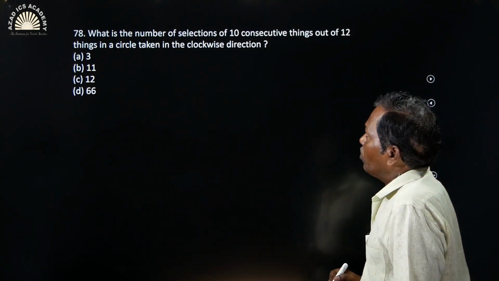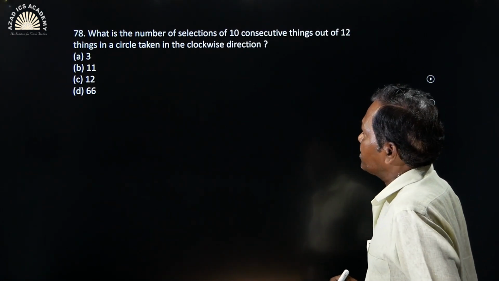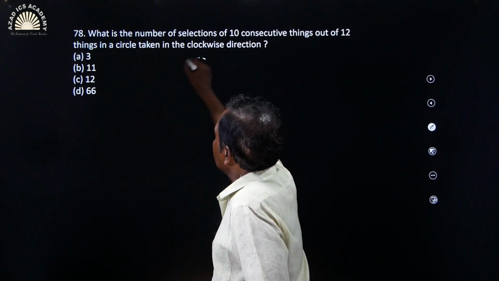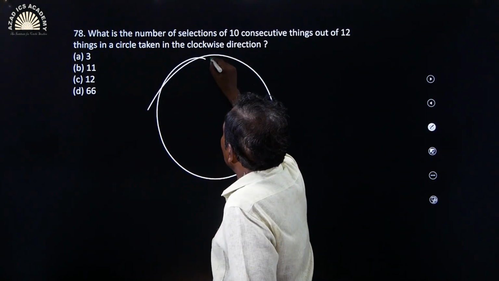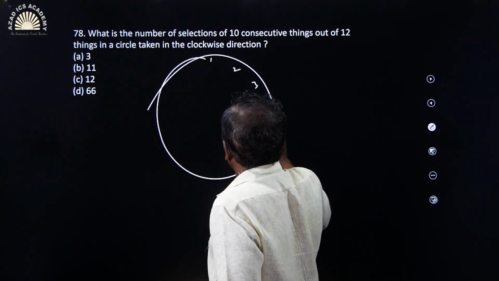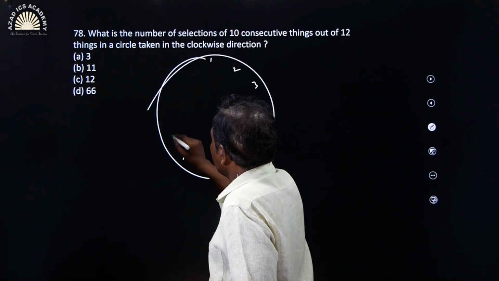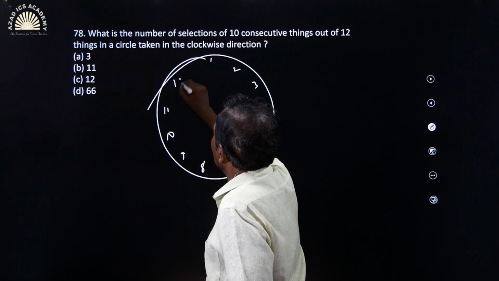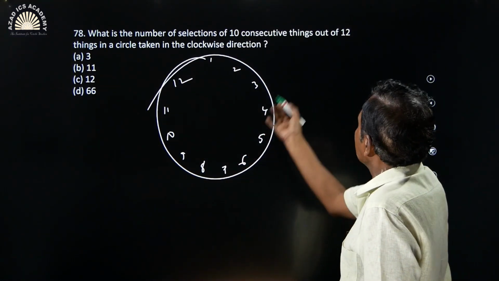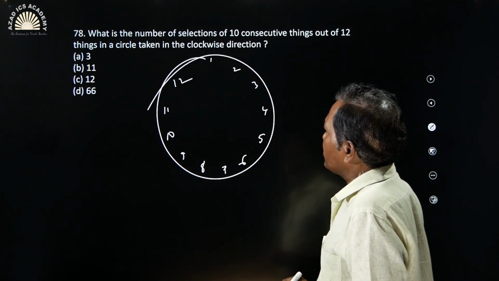Now, what is the number of selections of 10 consecutive things out of 12 things in a circle taken in the clockwise direction? Like 12 things, 1, 2, 3, 4, 5, 6, 7, 8, 9, 10, 11, 12. Clockwise. Consecutive things. Out of 12, 10 taken out in the clockwise direction.